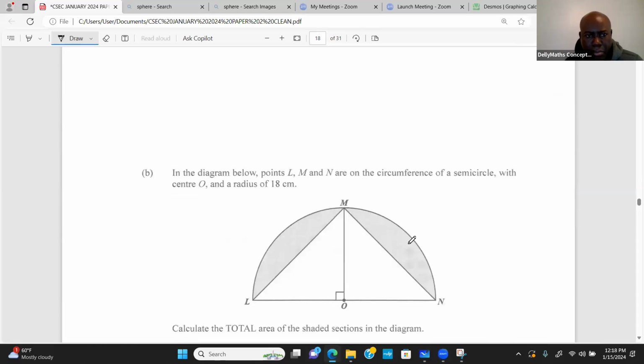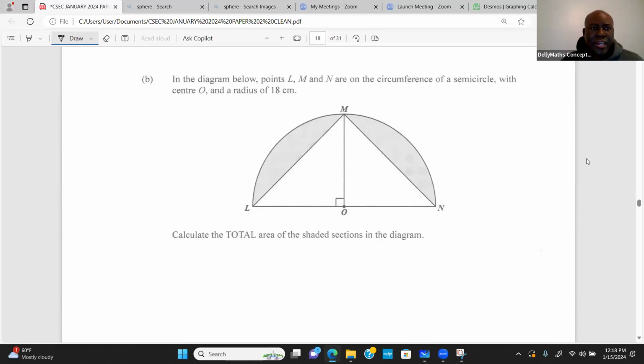Let's keep rolling. The next question says here, in the diagram below, points L, M, and N are on the circumference, as you could see, of a semicircle with center O, radius R. So radius is 18. So what it means then is that this is 18. It also means that this is 18.